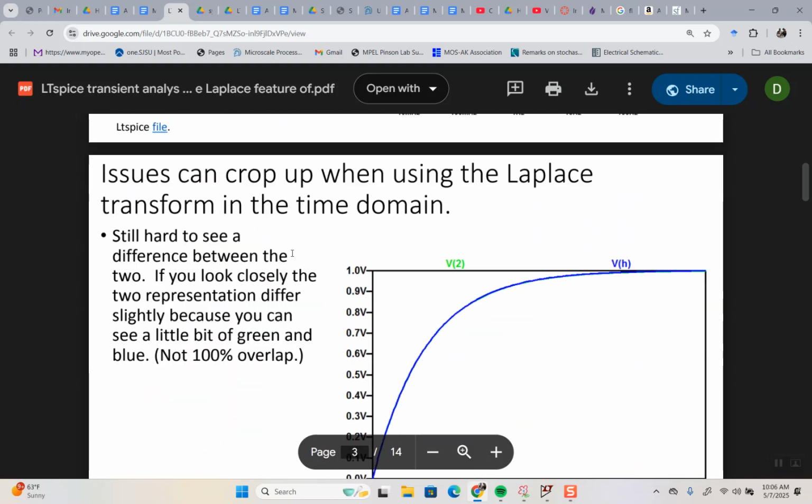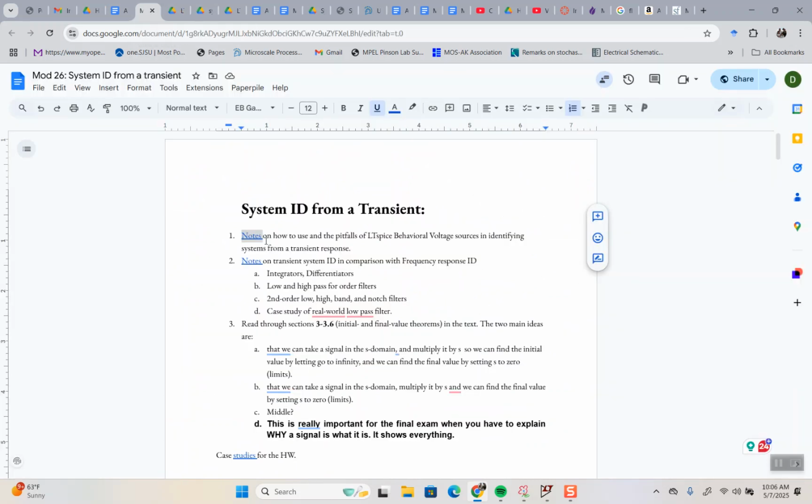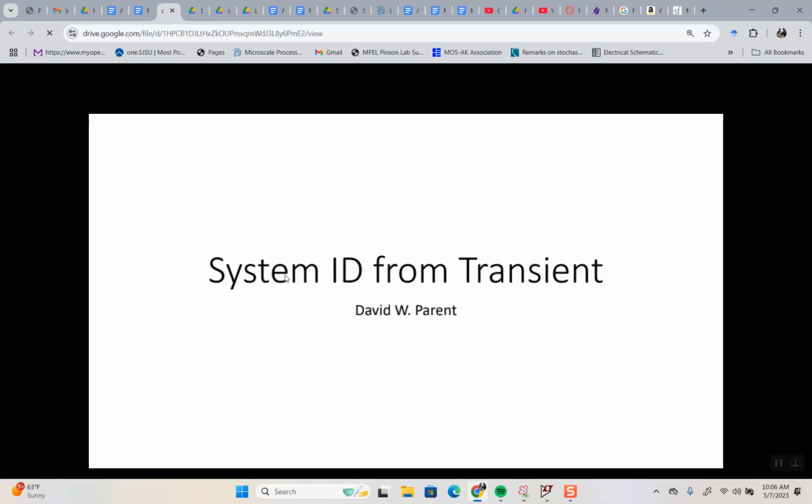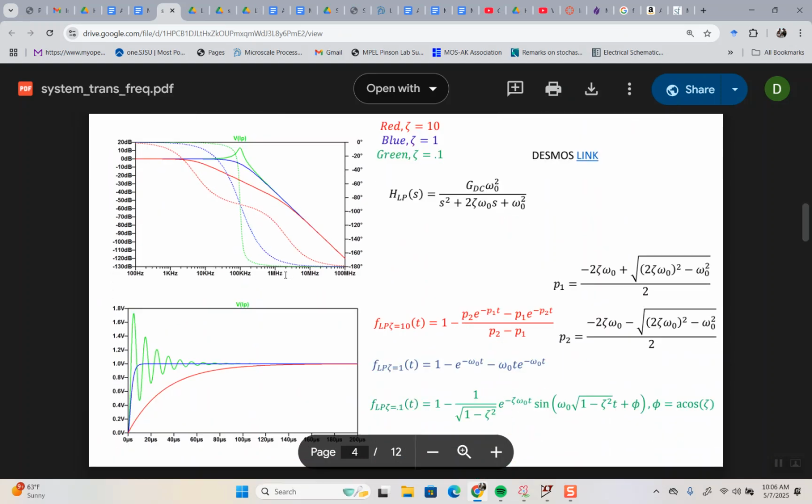Oh, but you want the transient, right? That's actually the pitfalls. So let's not do the pitfall one. Okay. And then which filter? All right, bandpass.